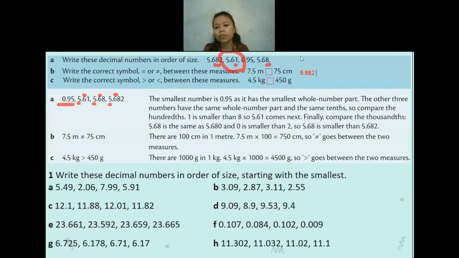Please do not text anything to the chat box that is not related to the class. Who is it? Changi, do not text anything that is not related to the class. I think it's Changi. But then he exited, right? Oh, he exited.